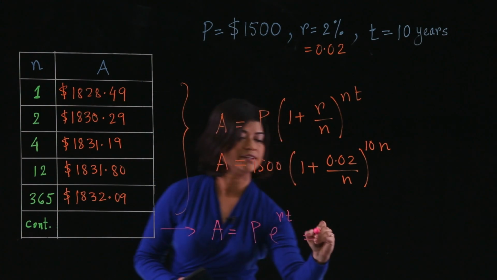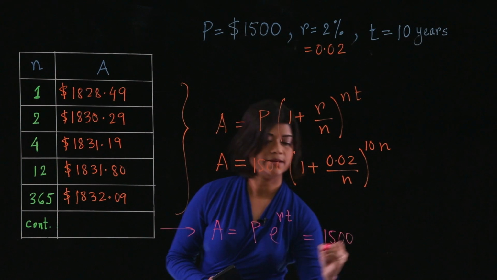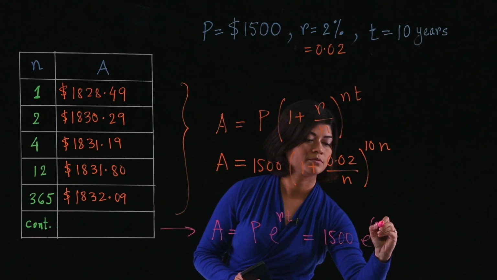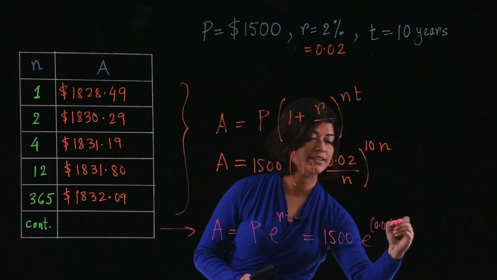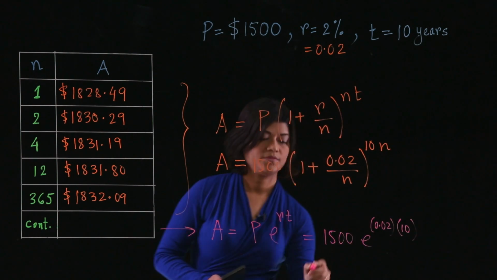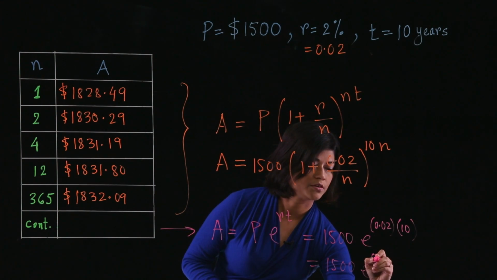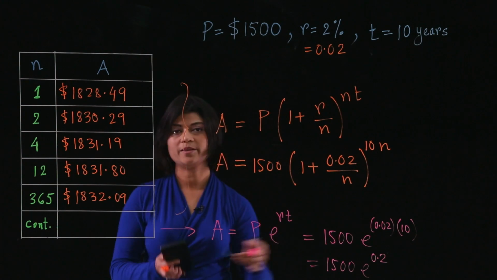Okay, so P is 1,500 times e to the power R, which is 0.02, times t, which is 10. So this is 1,500 times e to the power 0.2. So let's plug that in.